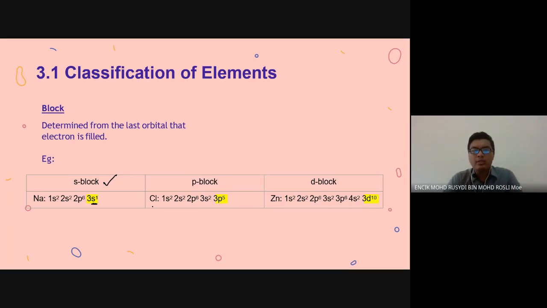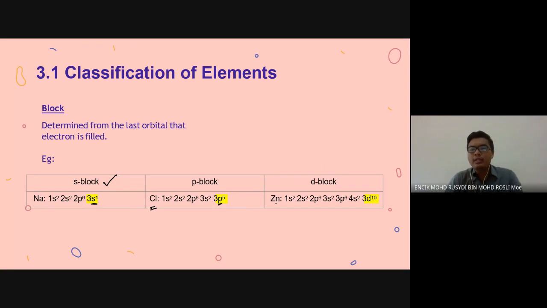Chlorine pula. Contoh chlorine kat sini, kita ada electronic configuration 1s2, 2s2, 2p6, 3s2, 3p5. So the last electron for chlorine is filled in 3p orbital. So when it is filled in 3p orbital, the block for the element chlorine is in p block.